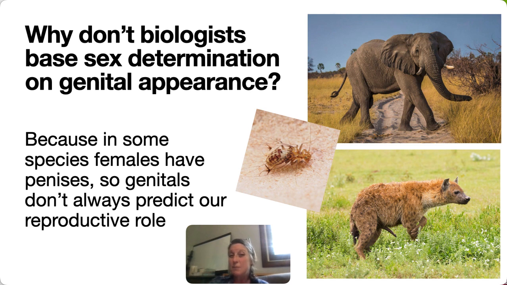It's just there's no sperm there. And there are insects where the female has the penis and the male has something that resembles a vagina. She inserts the penis and extracts the sperm, and she either uses it to make babies or she eats it because there's not a lot of resources where they live. So we can't use genitals, at least not across the board.